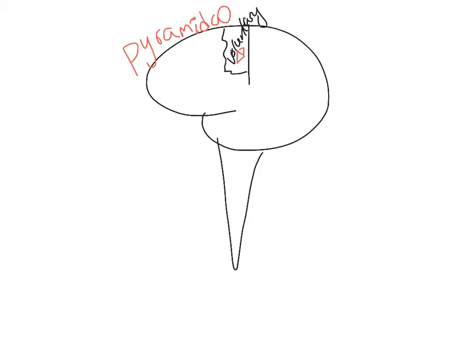So we have one neuron that is going to go all the way down to wherever it's supposed to go in the spinal cord, depending on where the effector is. And then we have a second motor neuron that's going to go out to the effector. So we name these differently.